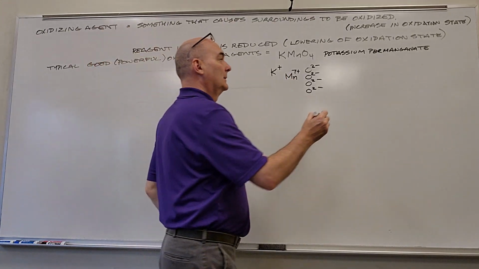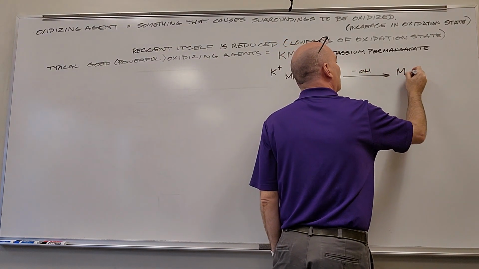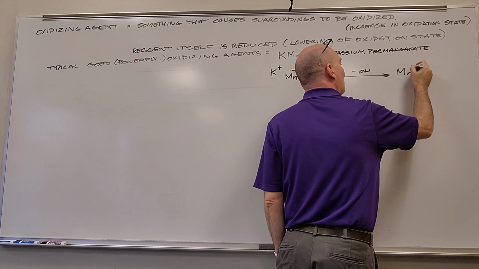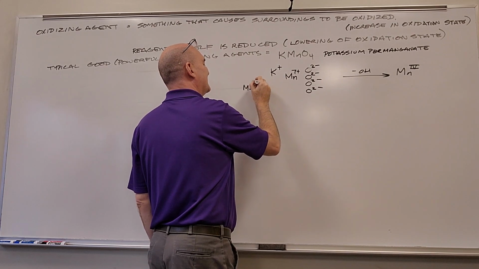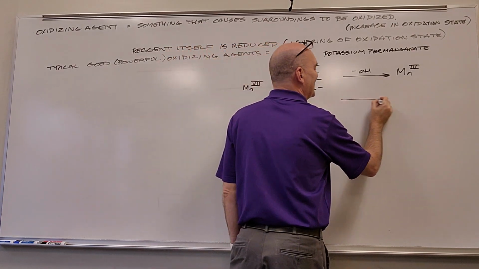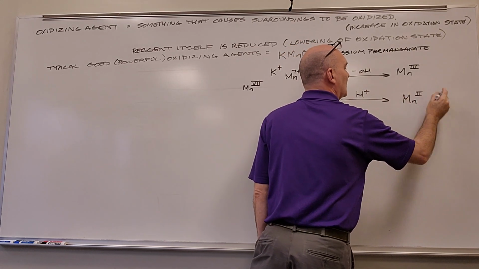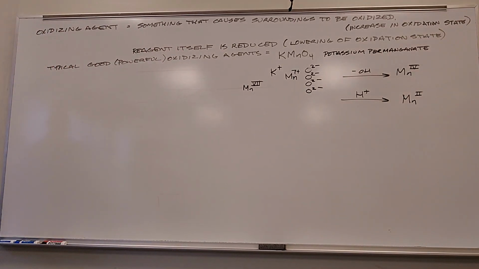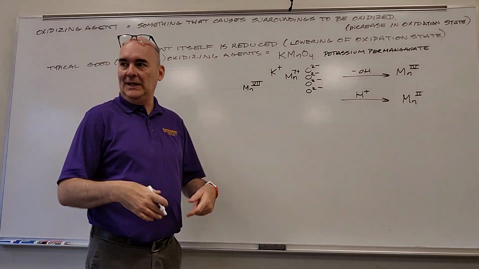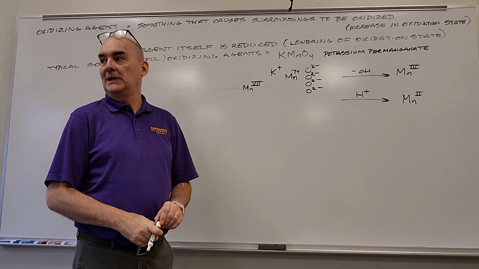In base, that KMnO4 goes down to manganese 4. Currently, it is manganese 7. In acid, it goes down to manganese 2. It's a 5 electron reduction. It's being reduced, it oxidizes its surroundings. 5 electrons for every manganese.